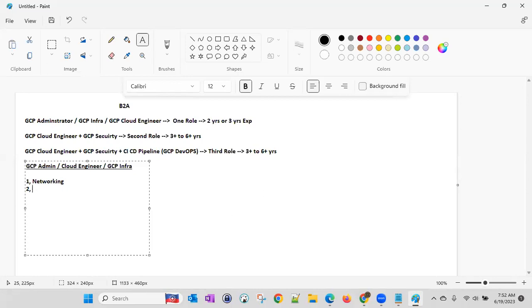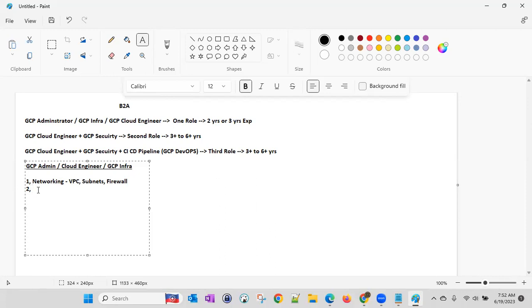That application needs a network, right? What is VPC, subnetting, what is a firewall? This comes under networking: VPC, subnets, firewalls. That is the thing you need to know.